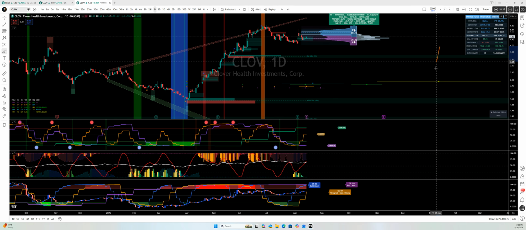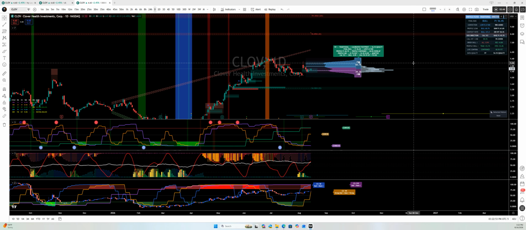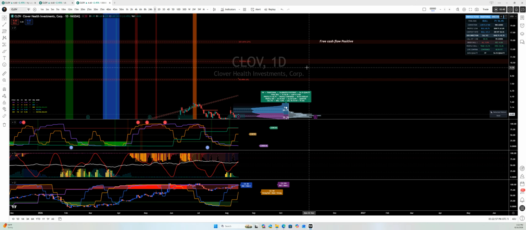Depending on how high we go, we do have some areas right here of resistance with the order blocks, which is $8, $10.50, and $4.75.